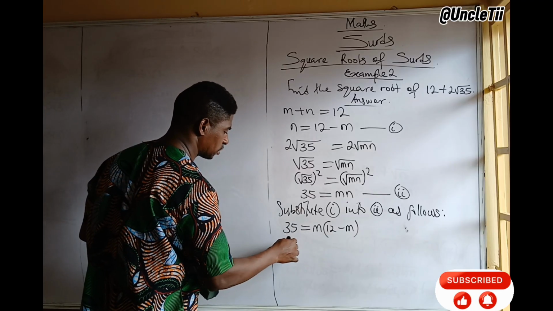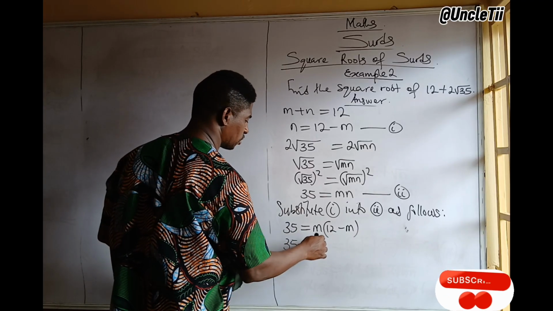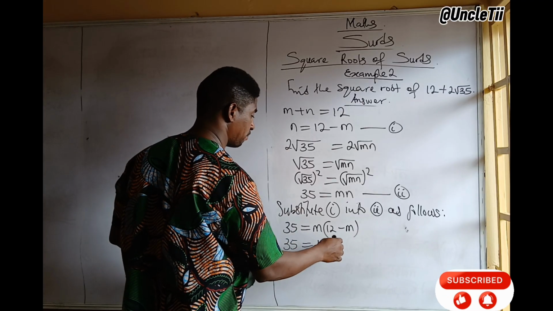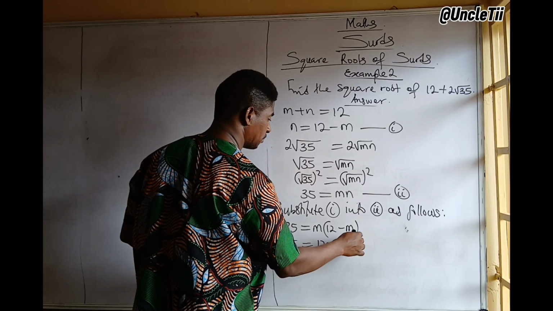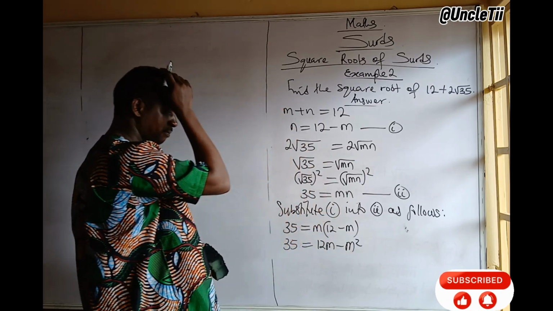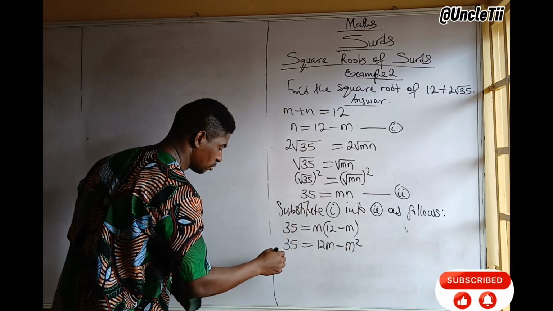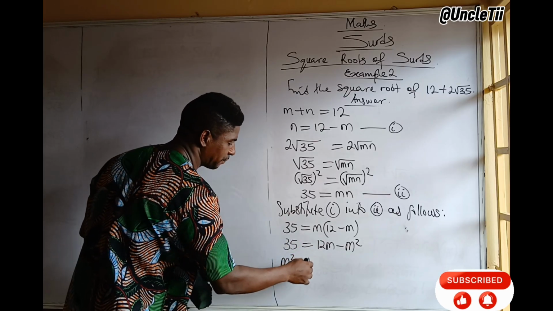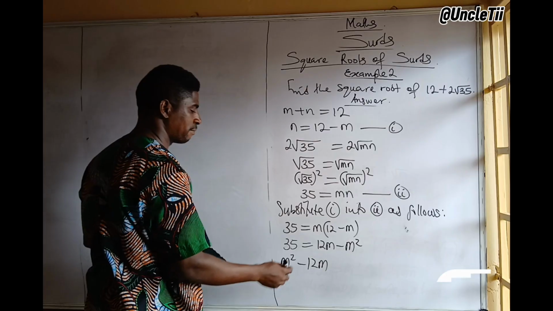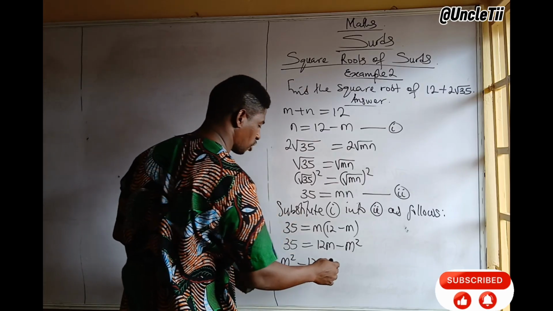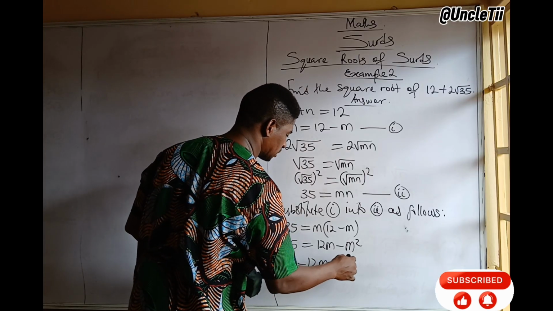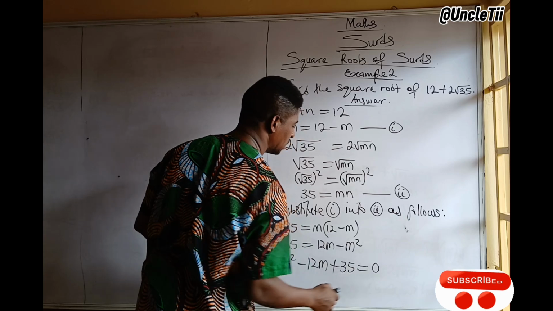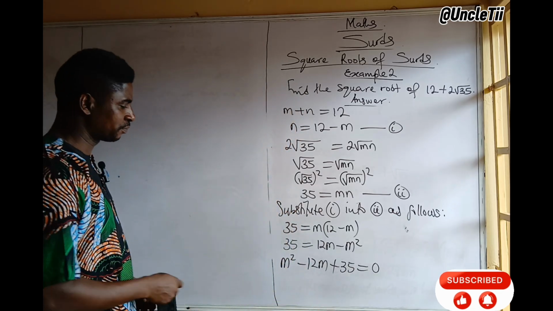This one will give us 35 equals 12m minus m squared. That's m times m. If we rearrange, we are going to get m squared, because plus m is coming over here, minus 12m, because plus 12m is coming over here, plus 35. 35 is remaining. Everything will be equal to 0.